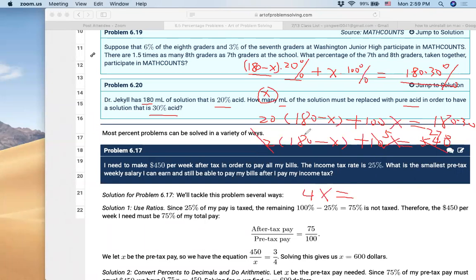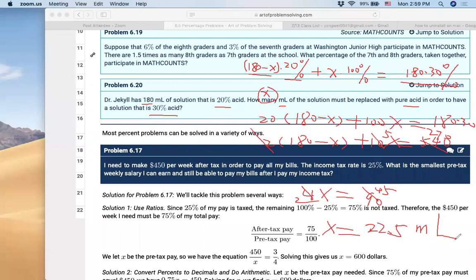Then 270 minus 180, you get 90. So we get X equals 90 over 4, that's 22.5. So that means you need to replace this amount of original solution, then you can get that.